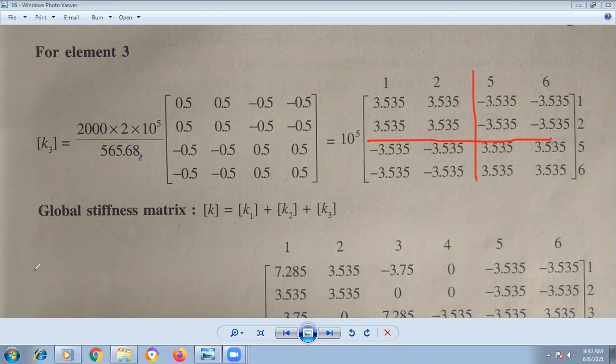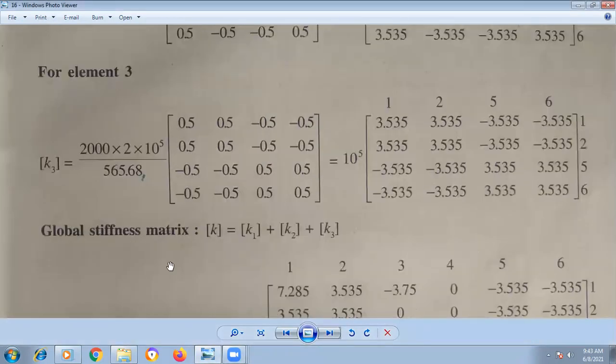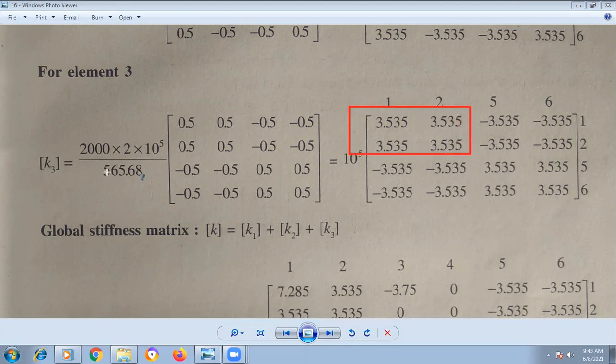Now, once we have written this, we can assemble the stiffness matrices. So how to write the stiffness matrix is important. K1. Now you observe K12 of element 3 and K1, that is stiffness matrix 1.